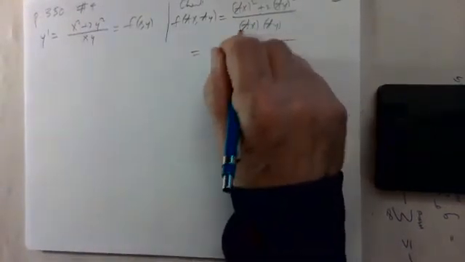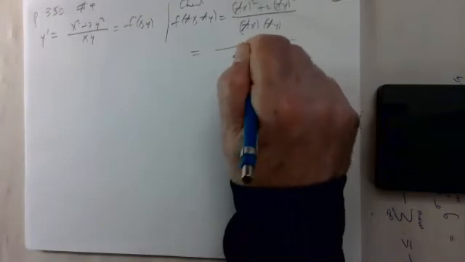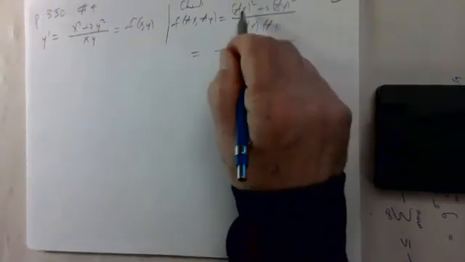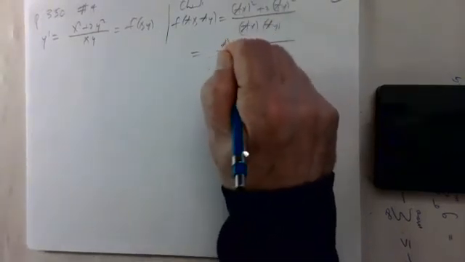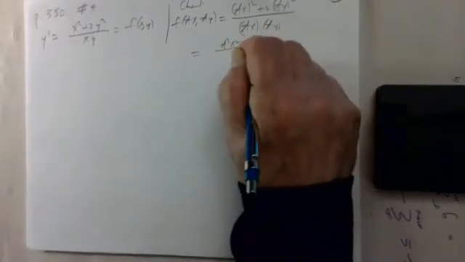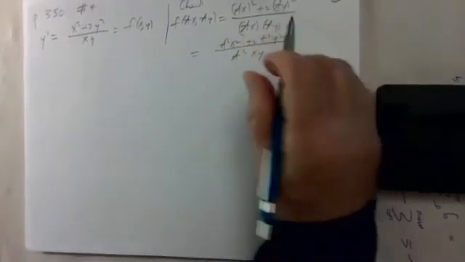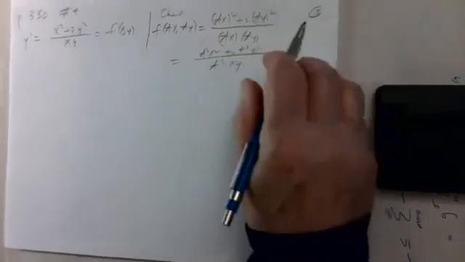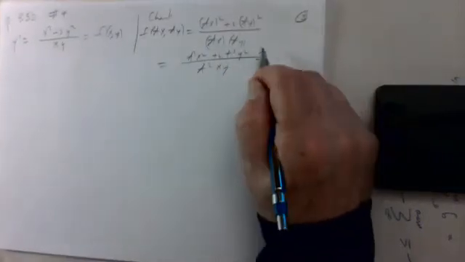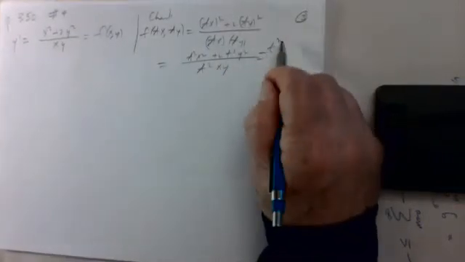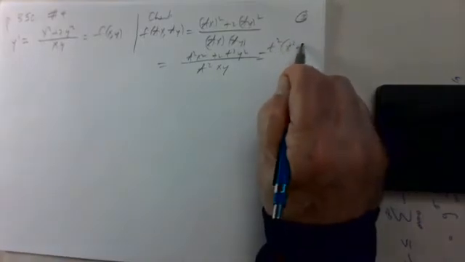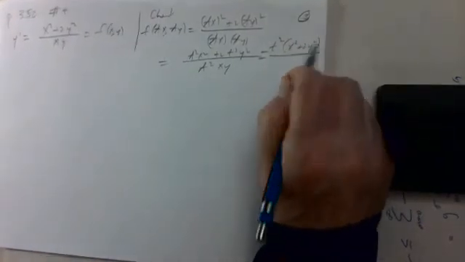In the denominator, I have t times t, which is t squared xy. In the numerator, I have t squared x squared plus 2 t squared y squared. I can factor a t squared out of the numerator. I get that.